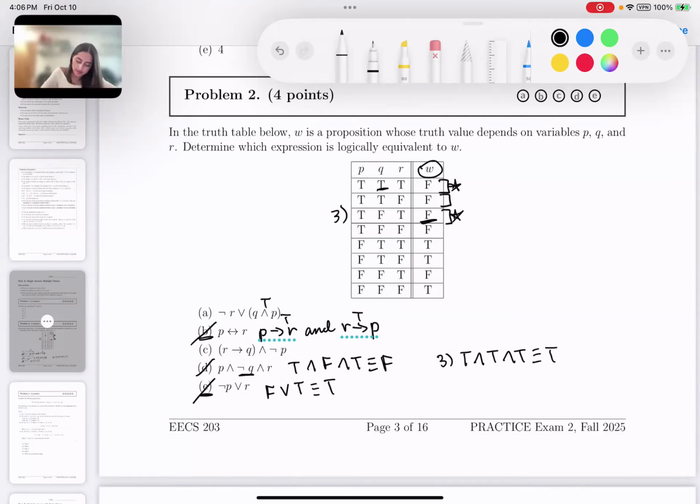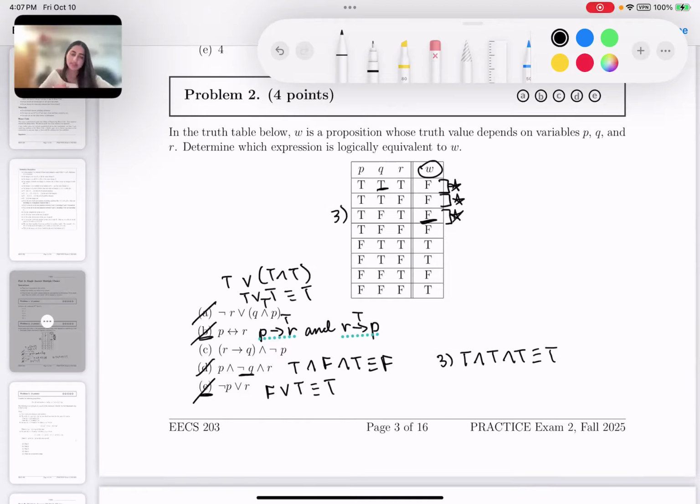So not R is going to be true. We have true, or Q and P, which is true and true, which just evaluates to true. So it's true or true, which is just true again. And we see that the output here is actually false. So we know that this does not work.